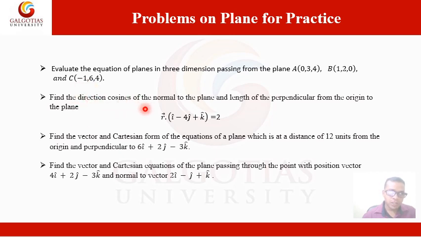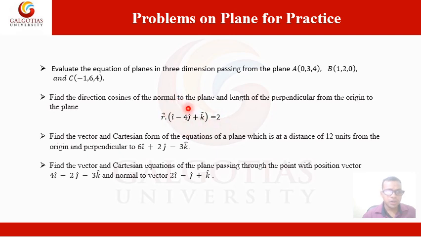Find the direction cosines of the normal to the plane and the length of the perpendicular from the origin to the plane, given by r dot i cap minus 4j cap plus k cap is equal to 2 here. What you should do here again, you have a d vector here, so you know that r dot d is equal to q.